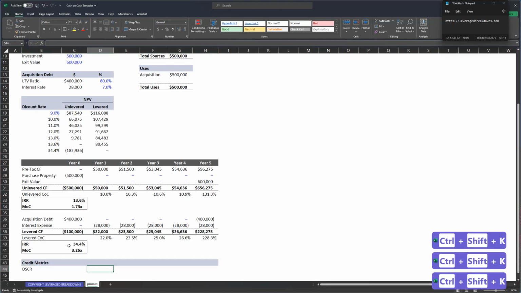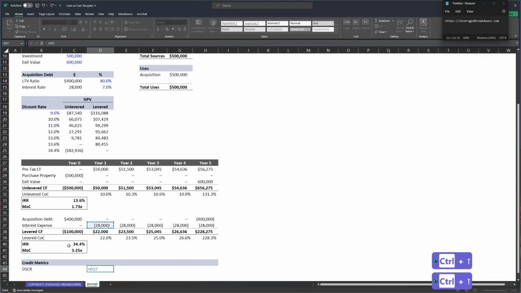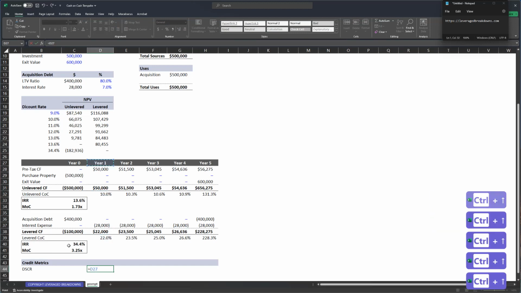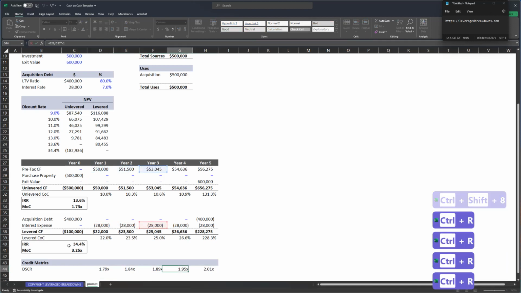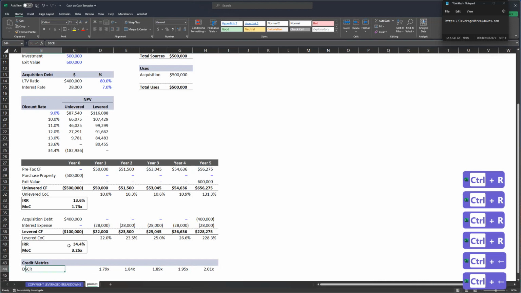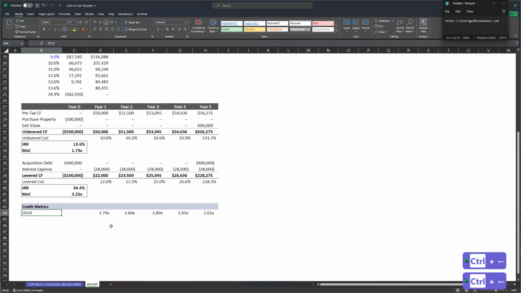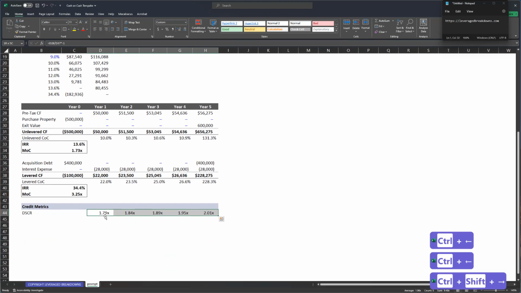So your debt service coverage ratio is going to be your NOI divided by the payment that you have to make on your debt. And that DSCR is pretty healthy. It really depends on the lender, but you start seeing issues in loan documents if your DSCR dips below like 1.5 or 1.35x. So this is a healthy debt service coverage ratio.